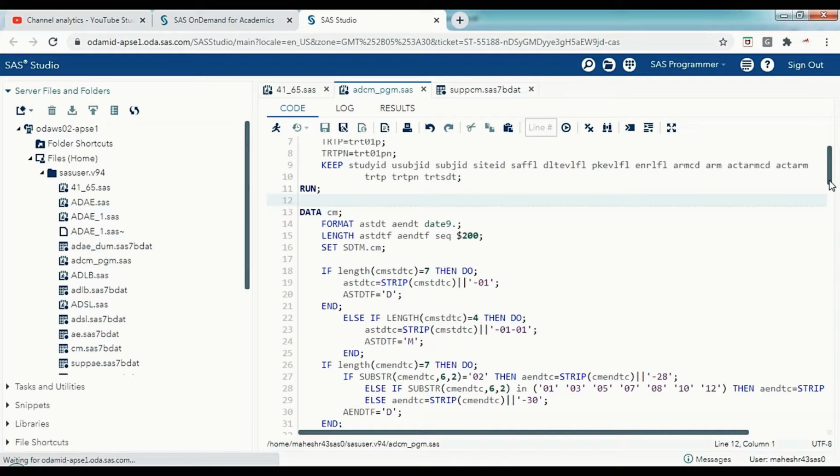Here I am writing the general imputation rule: if the date is missing, simply give the first date. If the month is missing, if it is a start date, January 1st; if it is an end date, December 31st. Like that, this is the general rule I am showing here. If any specific rule is mentioned, in my previous video I explained the AESTDTC and related imputation.